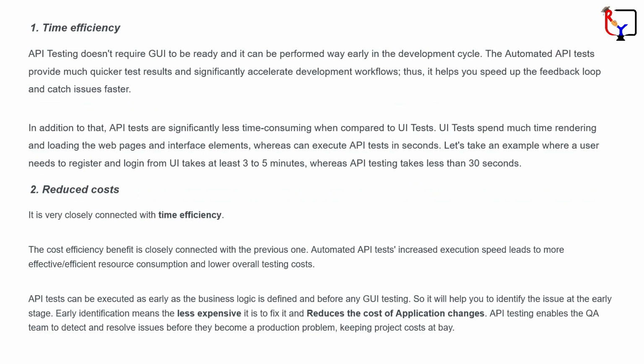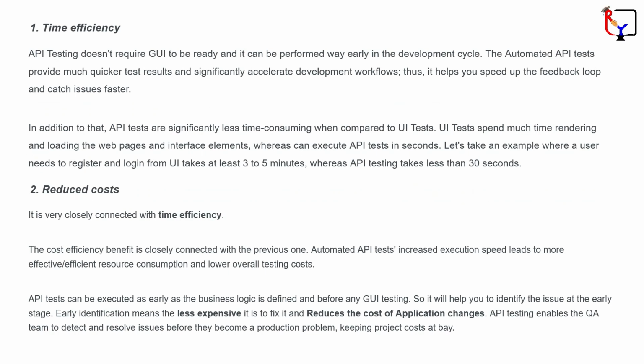If I test the API first, all the functionality is tested during API testing, then during UI testing I'm confident that this functionality is already tested, negative or positive testing already done during the API testing. So whenever I do UI testing, I test only the placeholder, icon, different kinds of elements. I'm not focusing on the core functionality, because I already did that in the API. So that is the time efficiency.